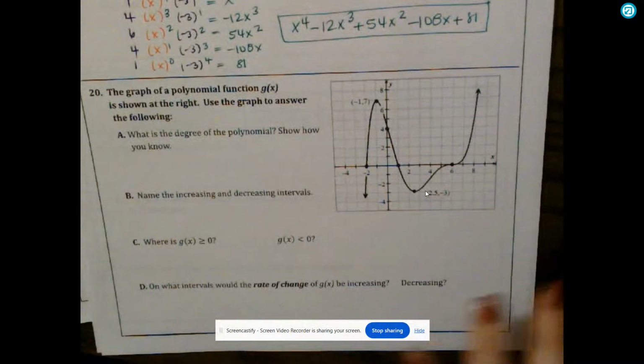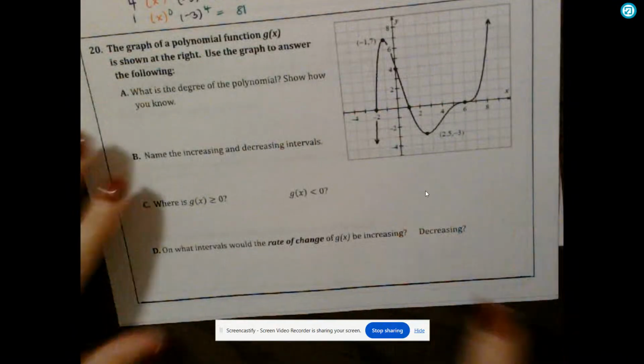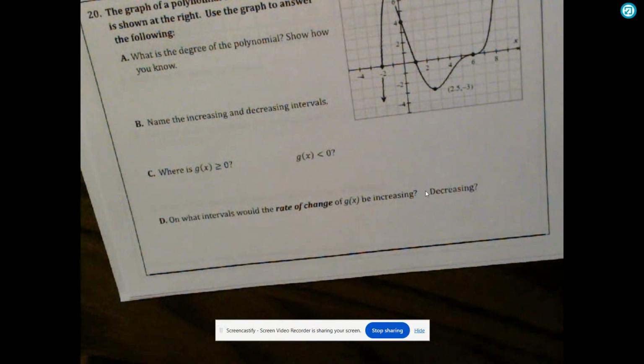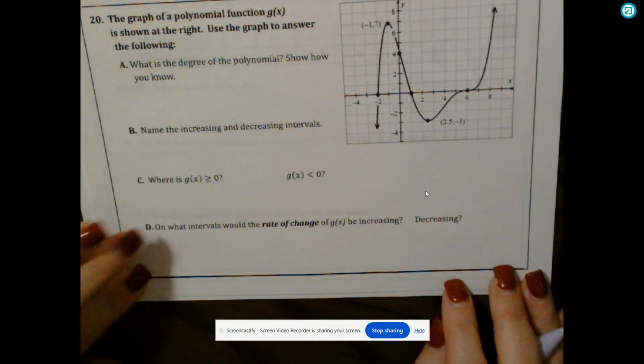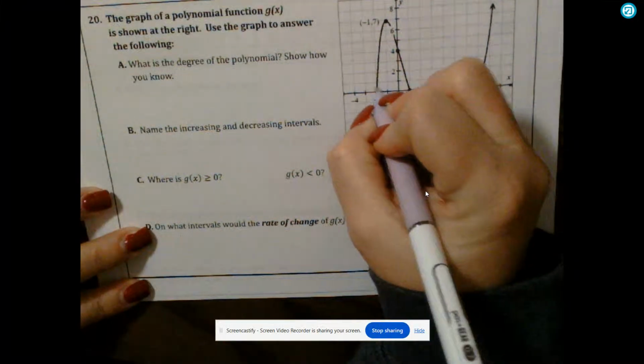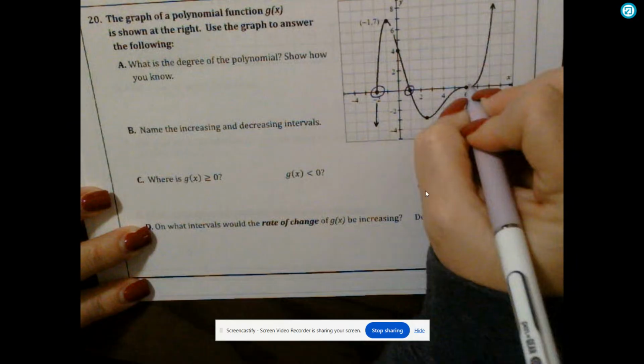All right, so number 20. The graph of polynomial function g of x is shown to the right. Use the graph to answer the following questions. What is the degree? Let's talk about that. We've got a 0 at negative 2, at 1, and at 6.